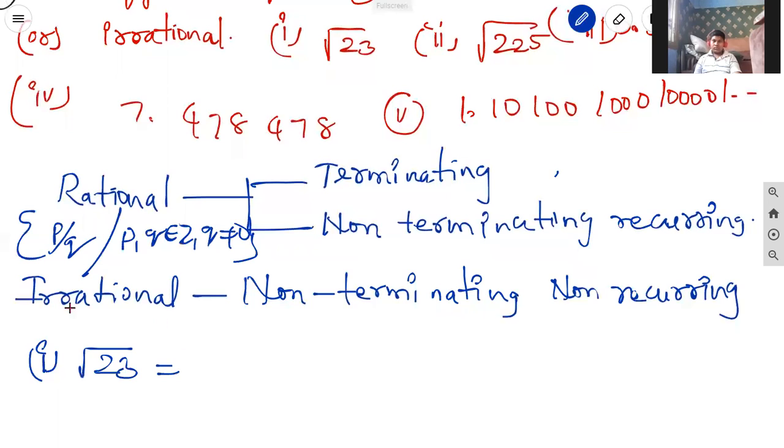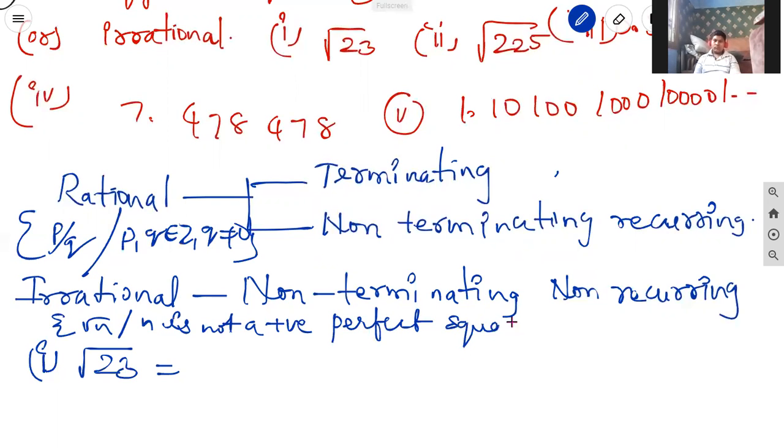And irrational means the set form is root n, where n is not a positive perfect square.